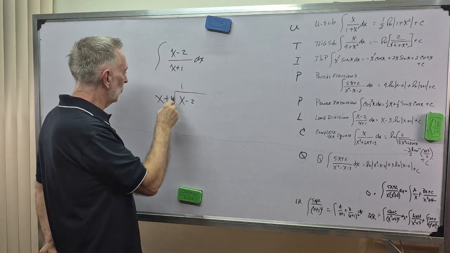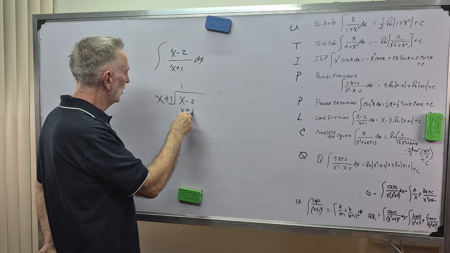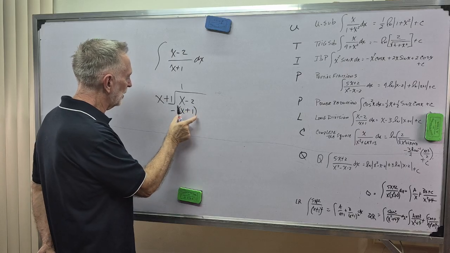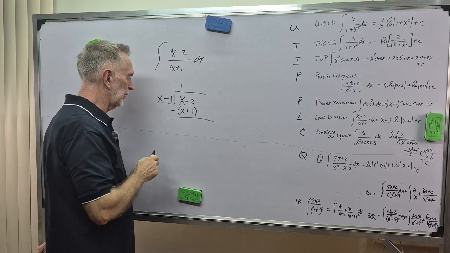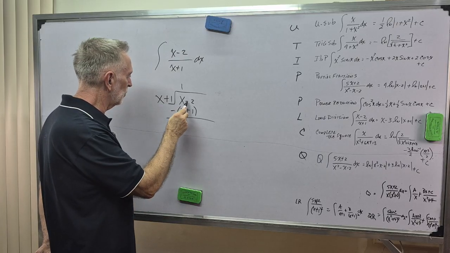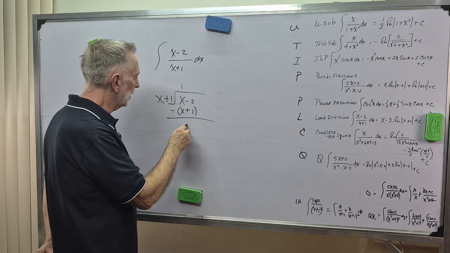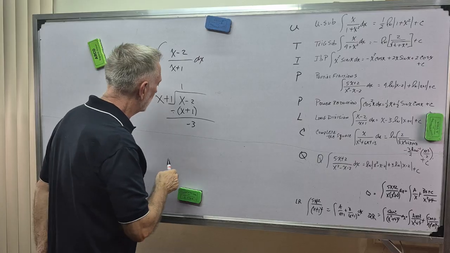X will go into x one time. X is x, 1 times 1 is 1. Now what am I trying to do? I'm trying to subtract that, so I put parentheses around it and put a negative out here. X minus x is 0. Negative 2 minus 1 is negative 3, okay?